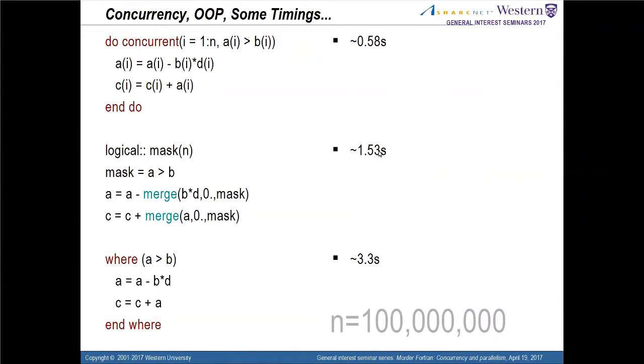These are the timing results, and it turns out in this case the do loop is the fastest, the second is the intrinsic function merge, and this is the slowest. The other thing I want to point out is that here we see some elements of object-oriented programming.